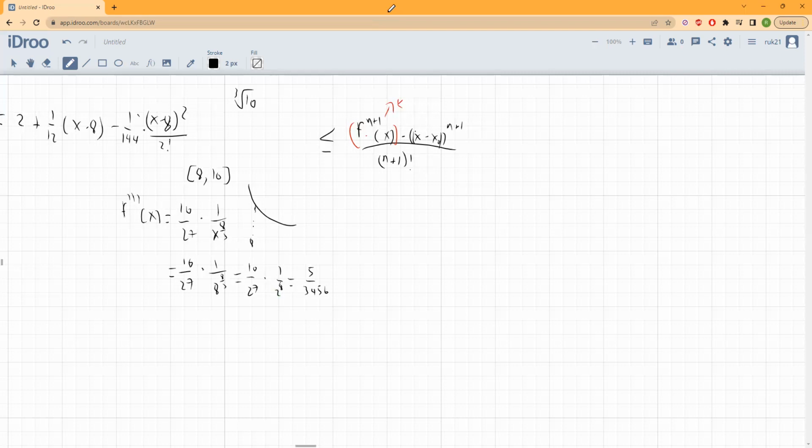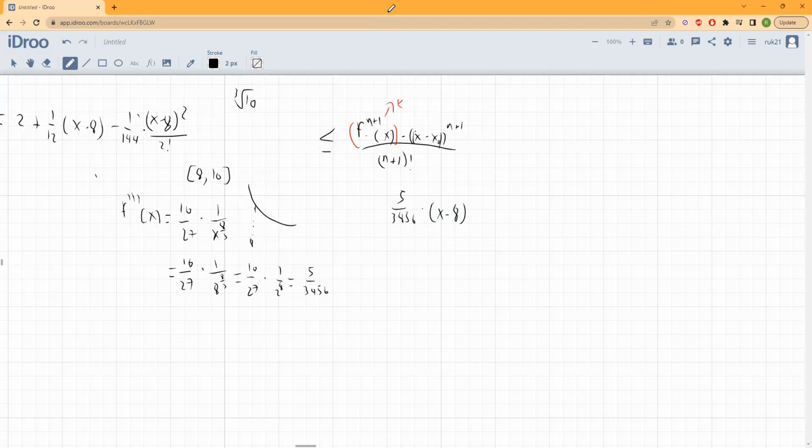So then we're going to look ahead, and if we plug this in instead of our k, we're going to get 5 over 3,456 times the absolute value of x minus x null, where x null is 8 because we are centering it at 8. So x minus 8 to the power of n plus 1.